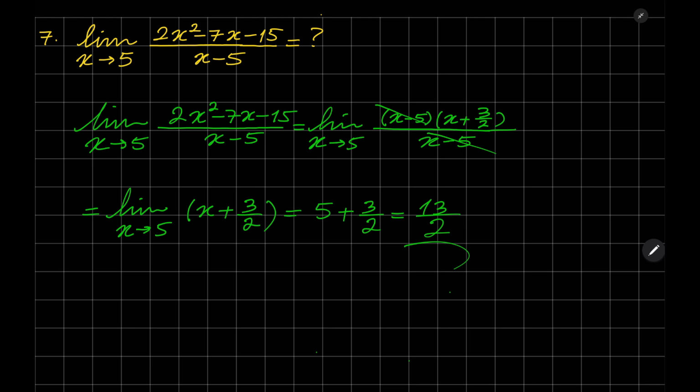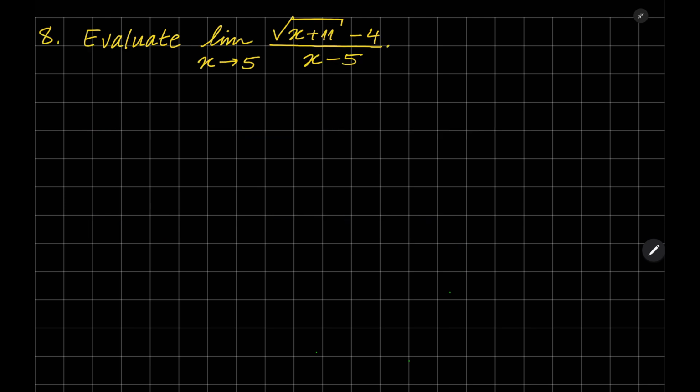Now let's go to the next example. This is another example. Evaluate limit as x approaches 5, square root x plus 11 minus 4 over x minus 5. Let's first try the substitution method.